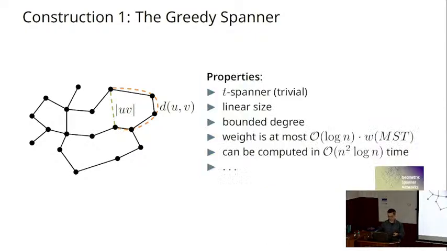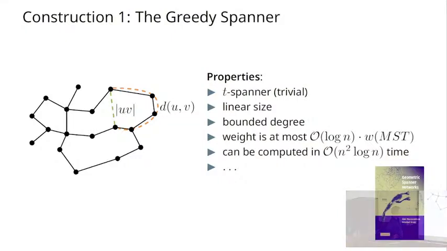This is a spanner with lots of nice properties. The only complaint you could have is that it takes fairly long to compute, but n squared log n time is also quite incredible for a spanner with this definition.